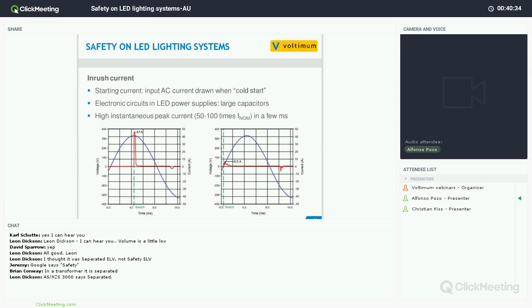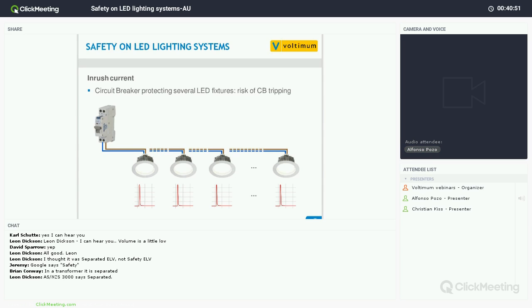The main question here is, is inrush current a problem? Well, definitely it can be, and it is especially critical when upgrading lighting installations to energy-saving systems such as LED. Basically, circuit breakers are installed to protect any electrical circuit.